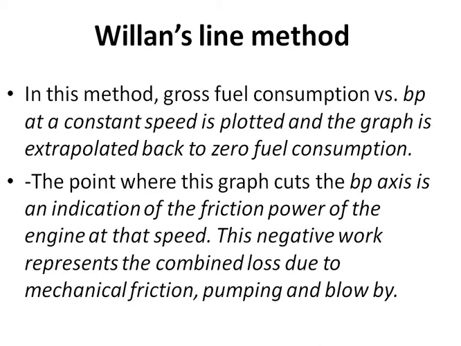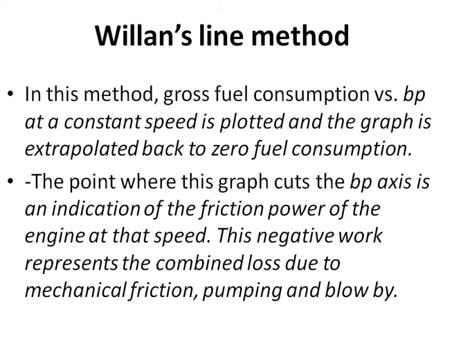In this method, the gross fuel consumption versus BP at a constant speed is plotted and the graph is extrapolated back to zero fuel consumption. In the lab, we draw a graph between BP and specific fuel consumption, and extrapolating the graph to the negative x-axis, we get the frictional power.